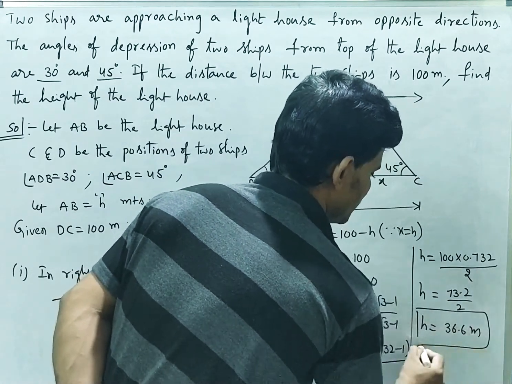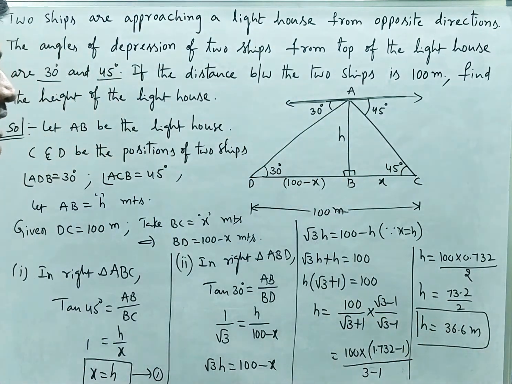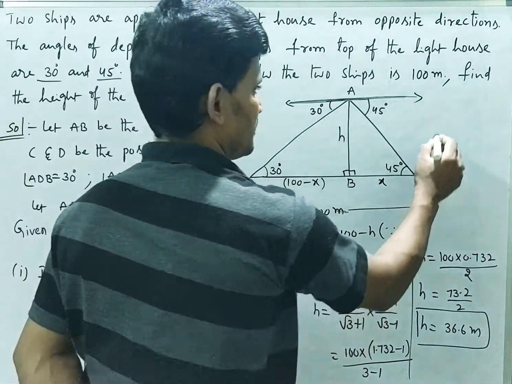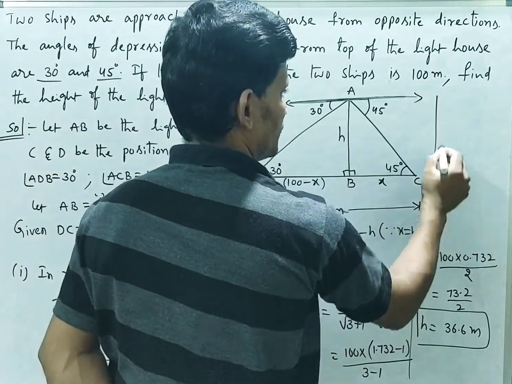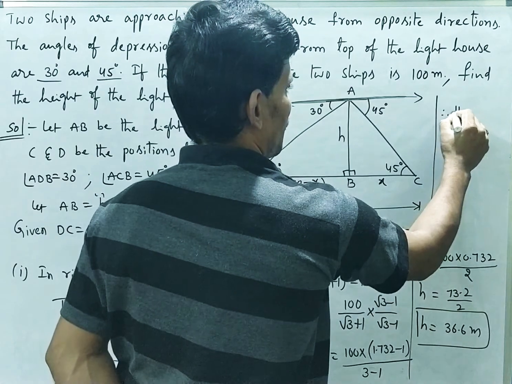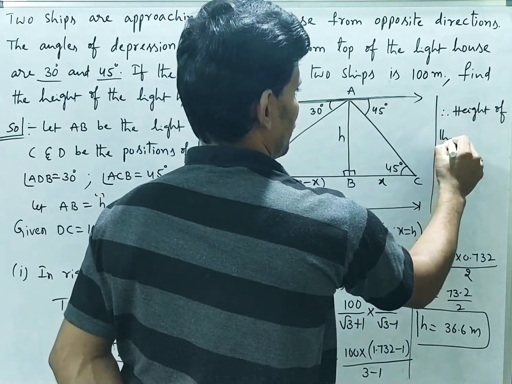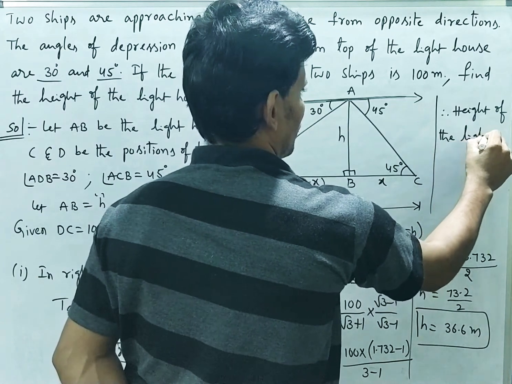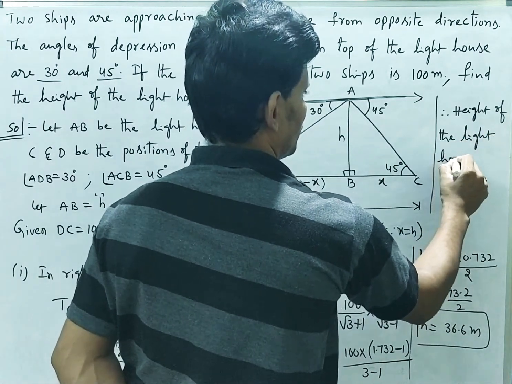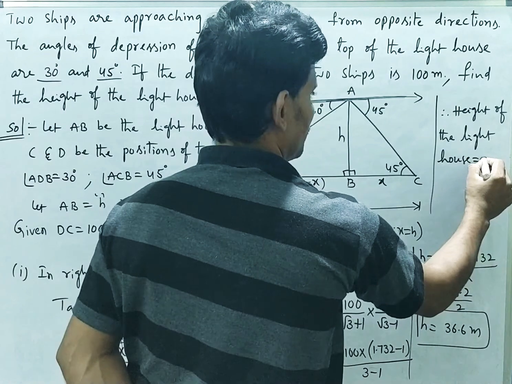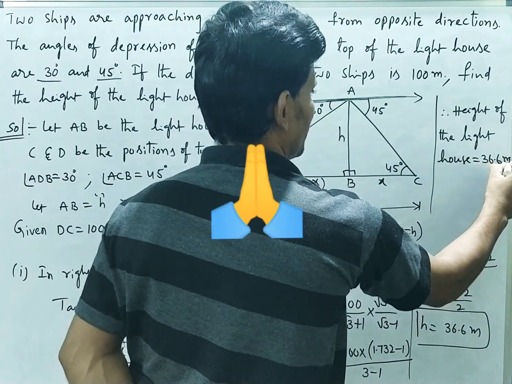So this is the height of the lighthouse. Thus, you can conclude that the height of the lighthouse is equal to 36.6 meters.